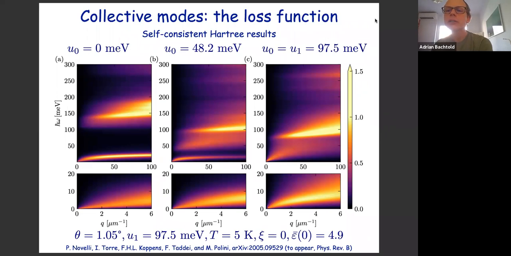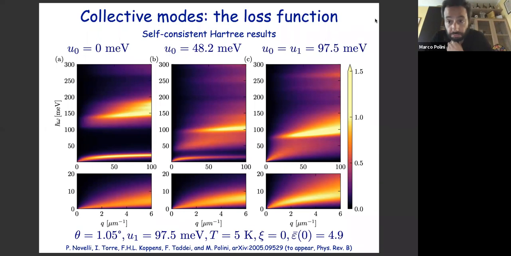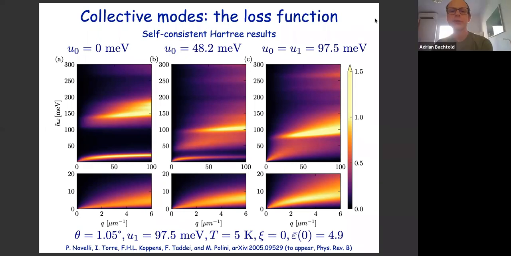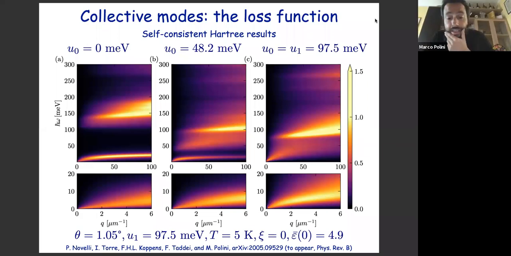Otherwise, I read the question. What could explain the smaller U naught? In transport, they extract U naught. Here it's different. What could explain the difference? We speculated in the arXiv paper.